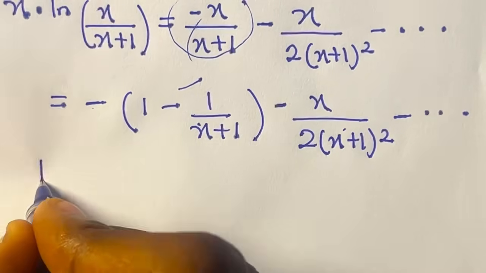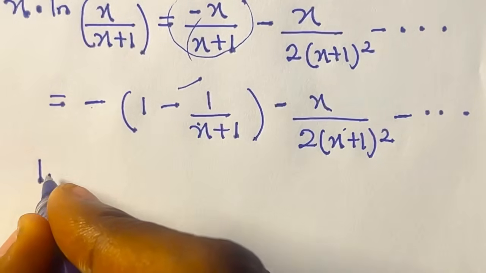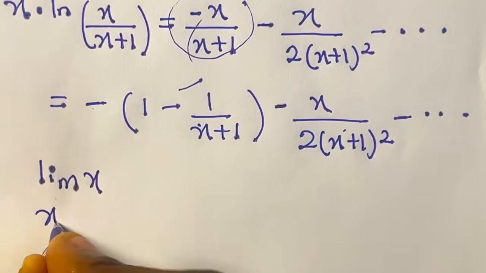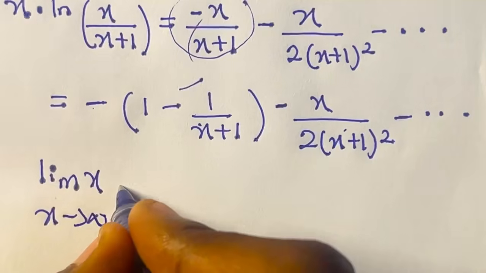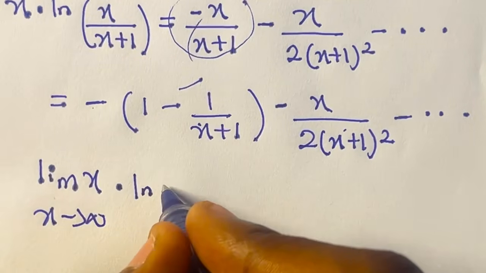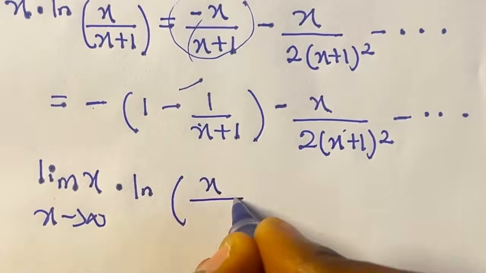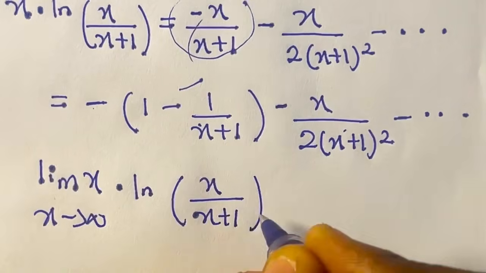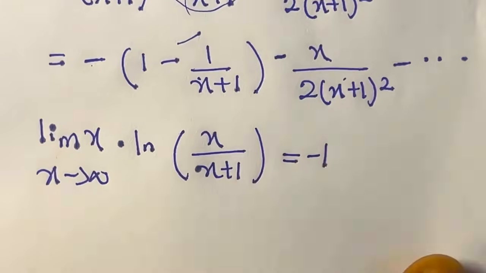Therefore we have the limit of ln, as x tends to infinity, multiplied by the limit of x over x plus 1, equals minus 1.